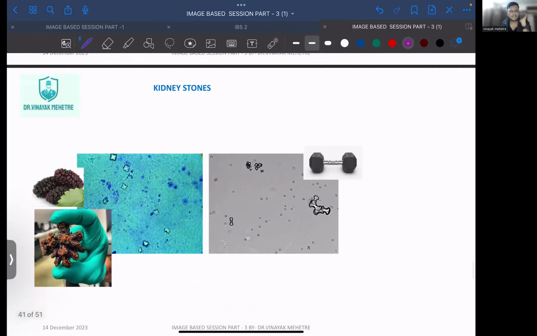Then we come to kidney stone. Kidney stones, last topic. Most common stone is calcium oxalate. Okay, they are divided into dihydrate and monohydrate, correct?